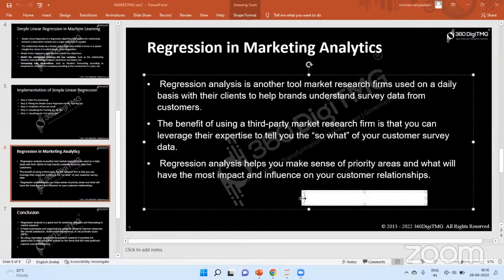Regression analysis is another tool used by market research firms on a daily basis.